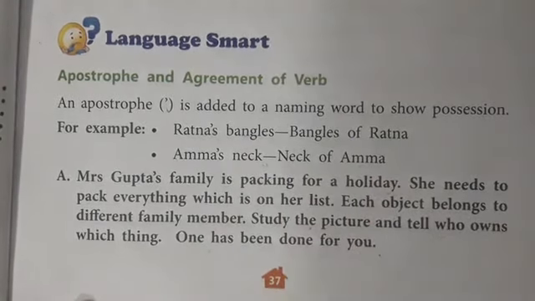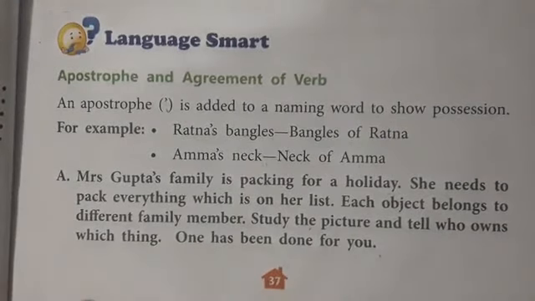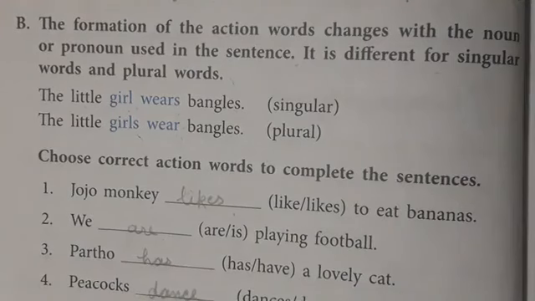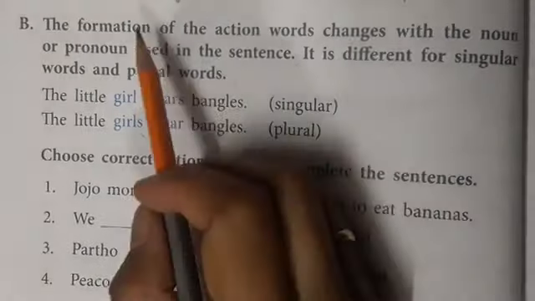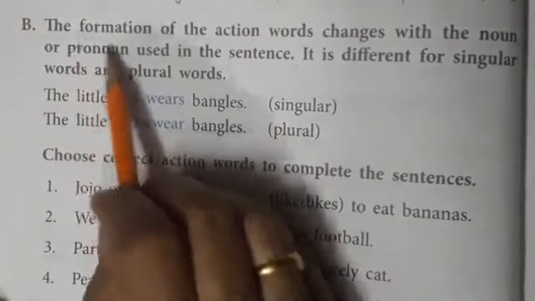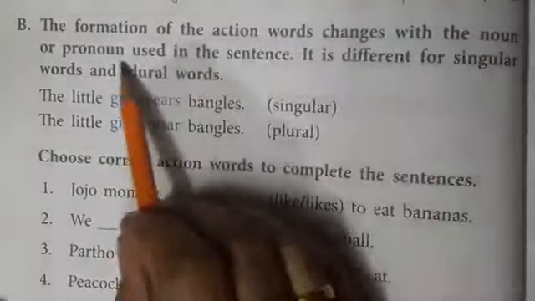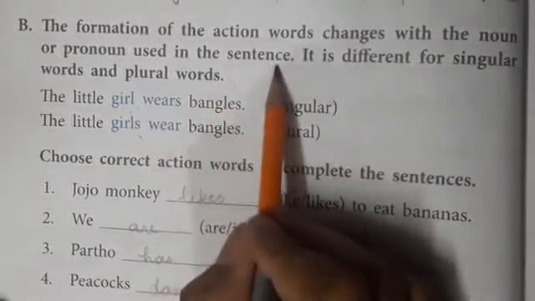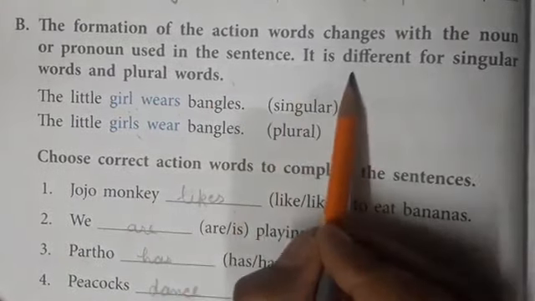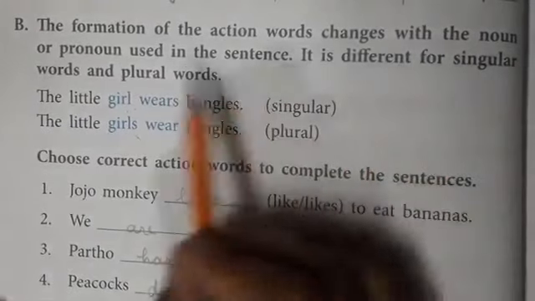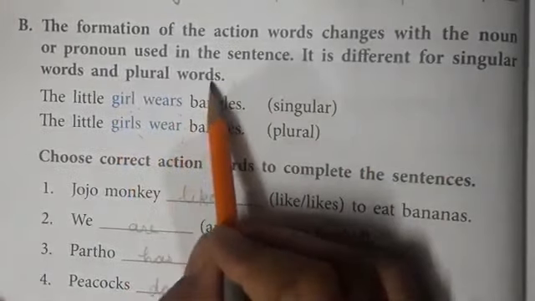Now, let me tell you the agreement of verb. In your book, page number 38, it is given the formation of the action words changes with the noun or pronoun used in the sentence. It is different for singular words and plural words.